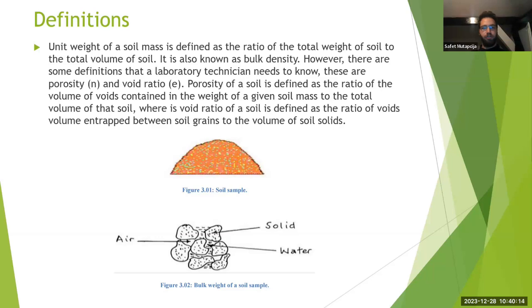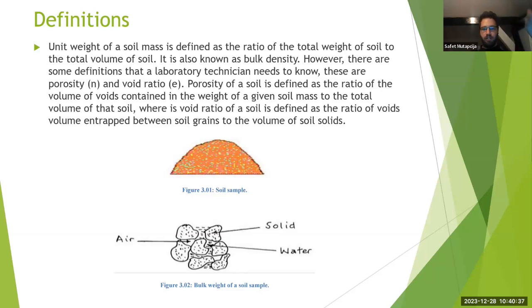The unit weight of the soil mass is defined as the ratio of the total weight of the soil to the total volume of the soil. So it sounds pretty simple, and it is really simple. It's also known as the bulk density. However, there are some definitions that a laboratory technician needs to know. There are porosity and void ratio, which are different and which you're going to use in your future.